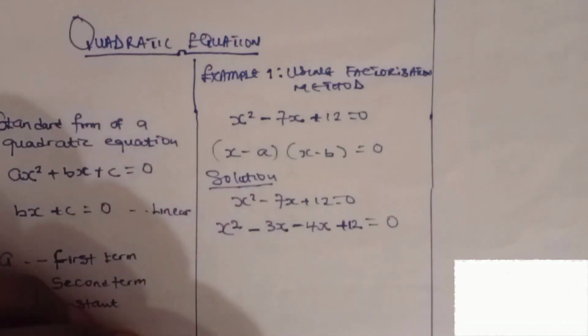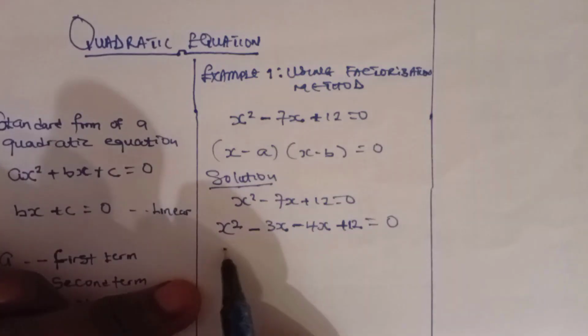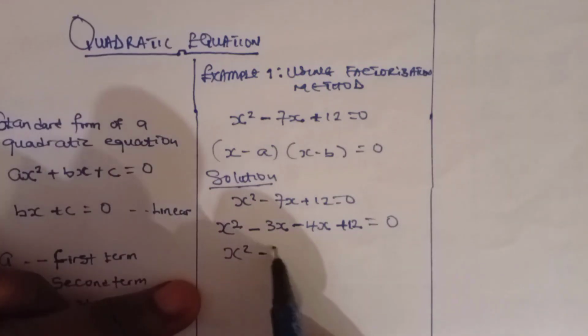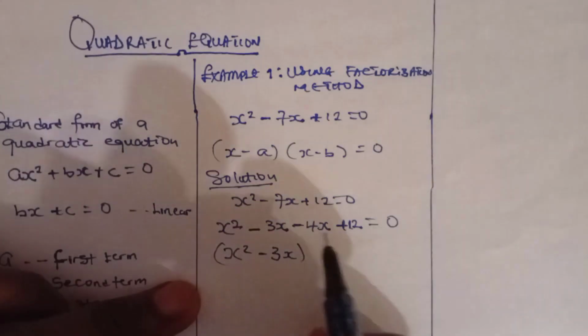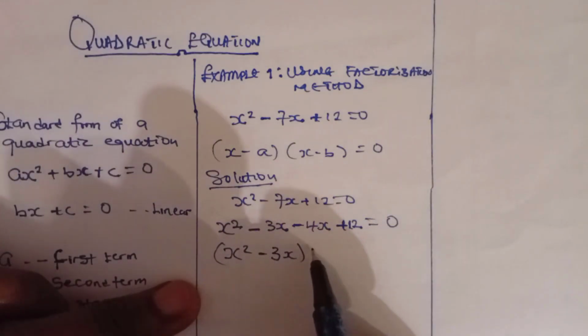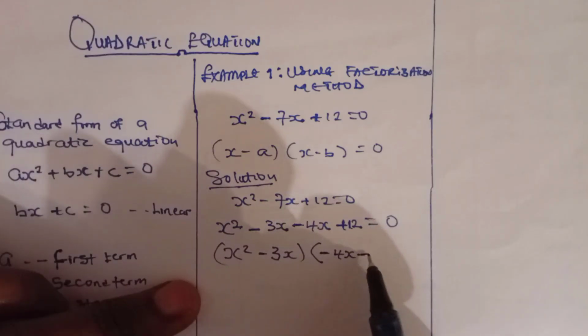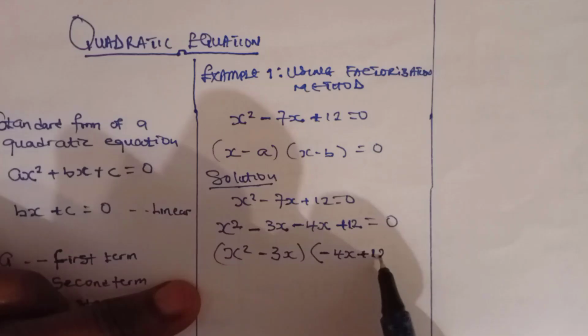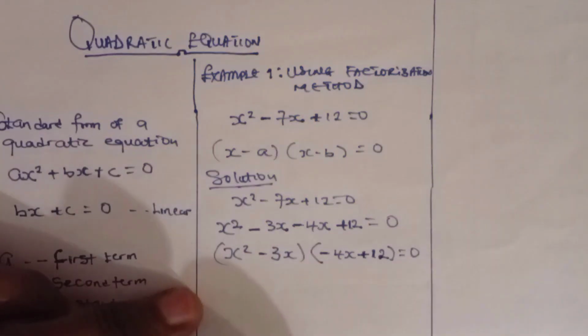So let's factor them into a bracket. We have the first term here, x squared minus 3x. You can put it in a bracket. And then you have this other term here, which is -4x plus 12 equals 0.